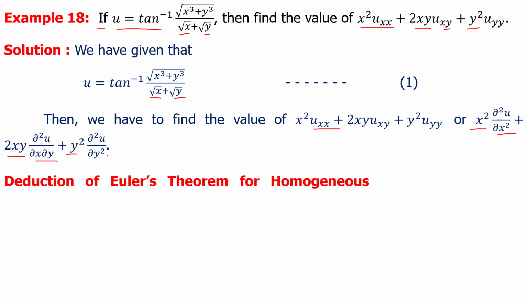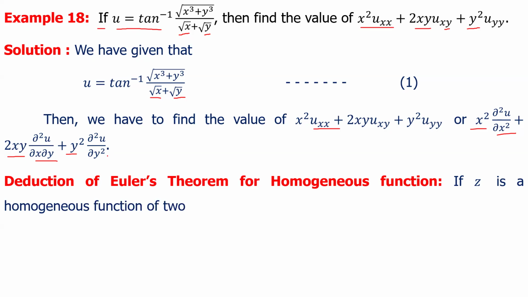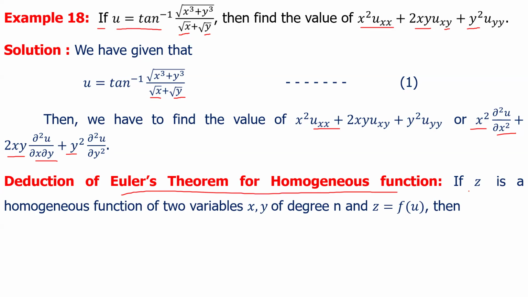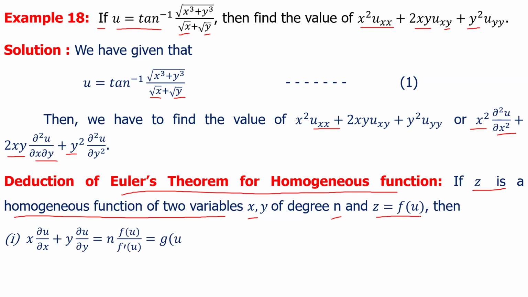Now we see what the deduction of Euler's theorem for homogeneous function is, which method is applied to solve this question. So here we use the deduction of Euler's theorem for homogeneous function. It states that if z is a homogeneous function of two variables x, y of degree n, and z is equal to f of u, then x del u del x plus y del u del y equals n f of u upon f dash of u, which is represented by g of u.